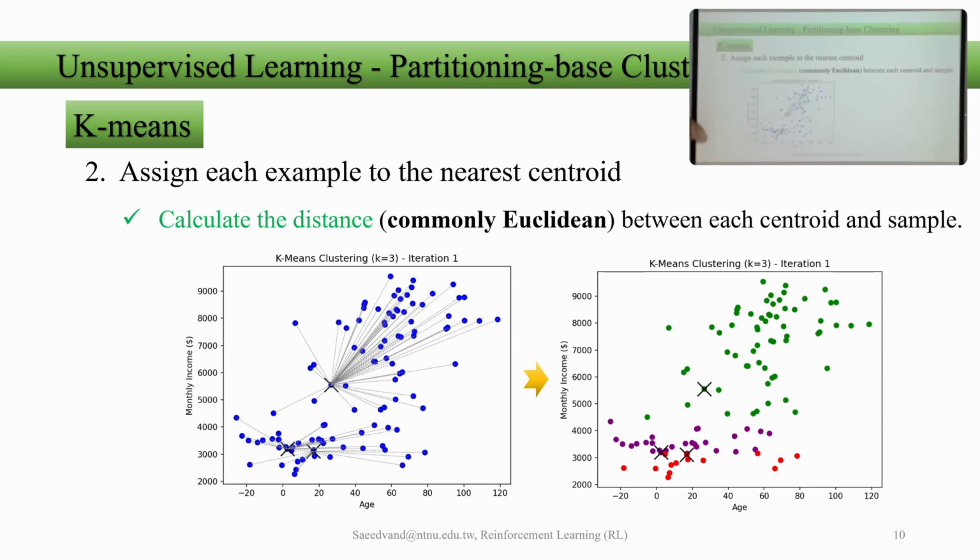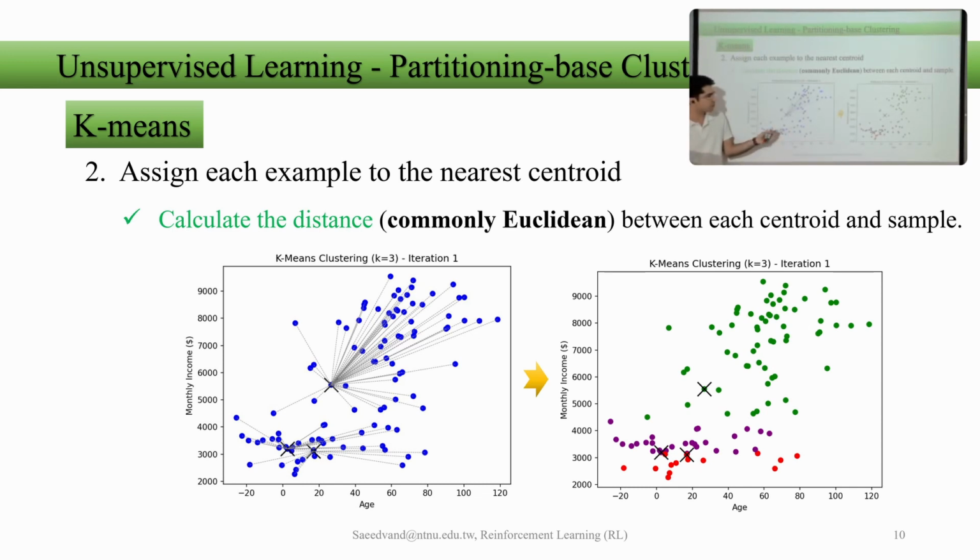Now we did the second step. If we want to visualize with color, we can say, okay, now we have a cluster with this green. We have clusters with these purples and reds, after assigning each one of them. But now, of course, we should do something to improve it.